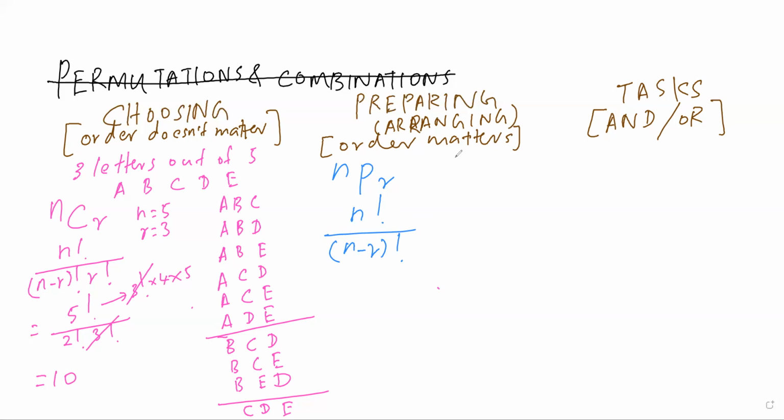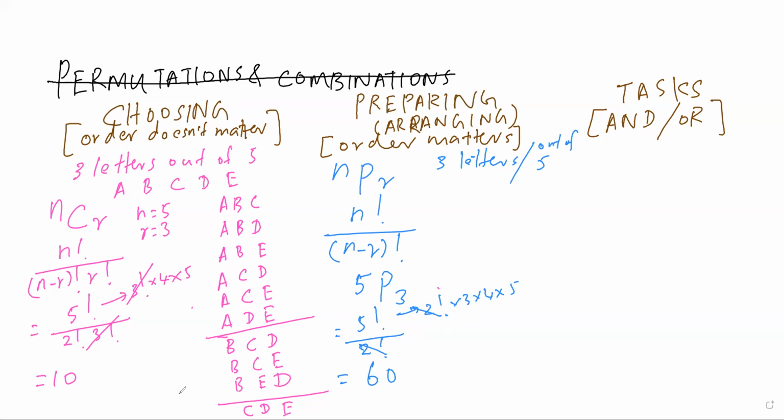So in this case, again, 3 letters out of 5, this is like 5P3, and that would be 5 factorial divided by 5 minus 3, that's 2 factorial. And this can be written as 2 factorial times 3 times 4 times 5. Therefore, the final answer will be 12 times 5, that's 60.